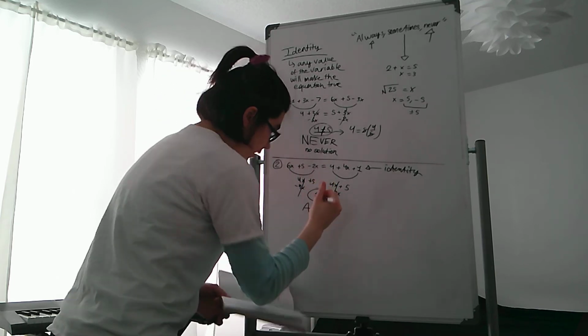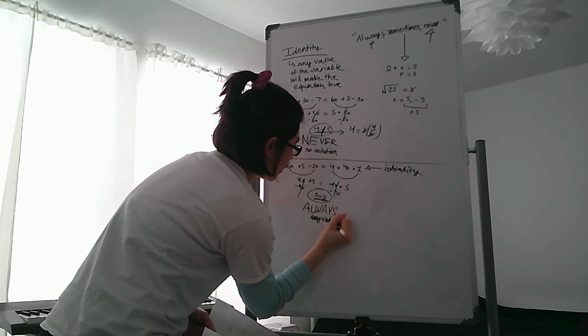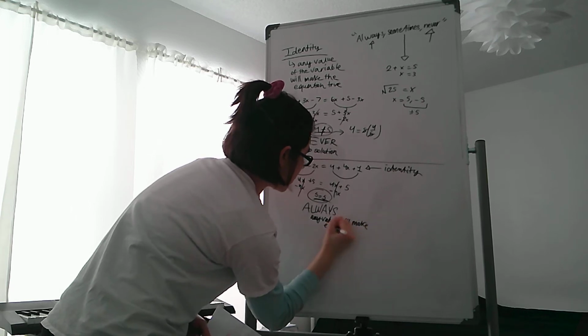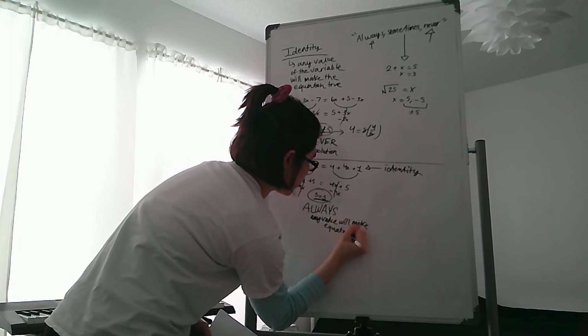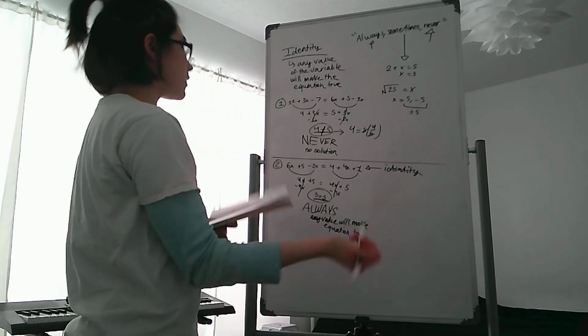So this is an identity, and that means any value will work, will make the equation true. All right? Okay. Yeah, that's pretty clear there.